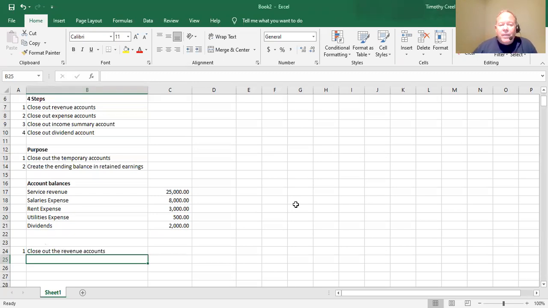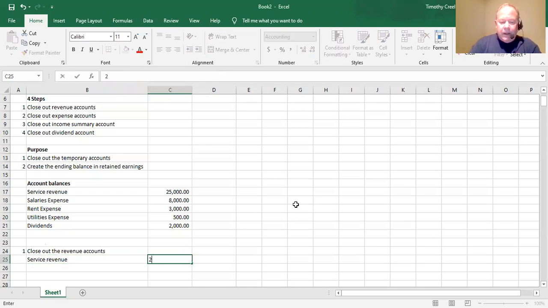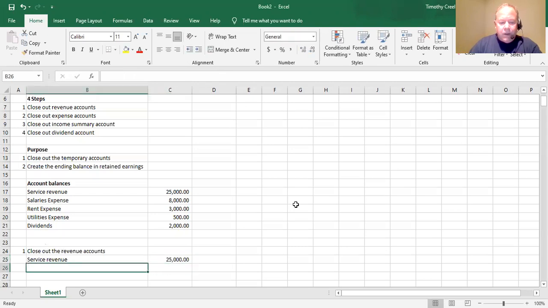The normal balance for a revenue account is a credit. So that means if you want to close a revenue account out to zero, you need to debit that account. So we would debit the service revenue account, and that's going to be for $25,000. And we're going to close it to income summary.